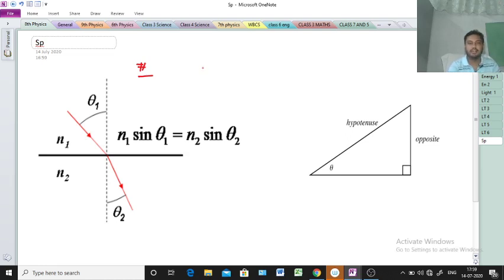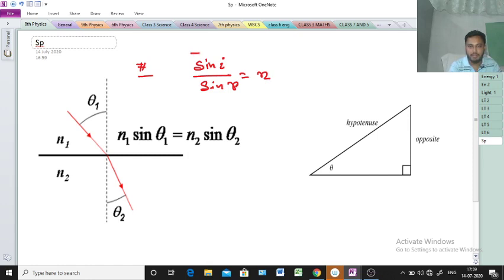First, you need to know the mathematical formula of refractive index. The mathematical formula of refractive index is sin I divided by sin R equal to n. Clear?